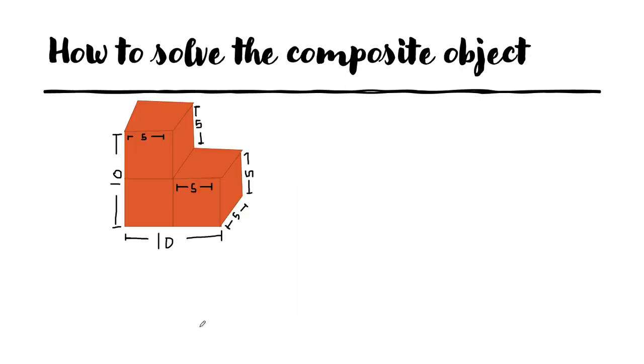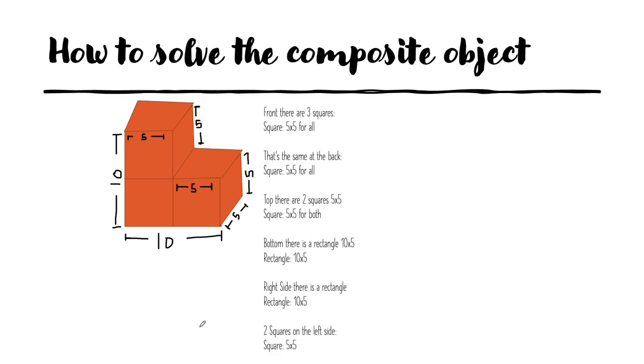Now we know the measurements of this cube. It's 10 on one side, 10 on the other, 5, 5, 5, 5, 5. There are so many numbers, so let's just split it into front, back, top, bottom, right, left. In the front we can see there are 3 squares, as we can see by the lines.